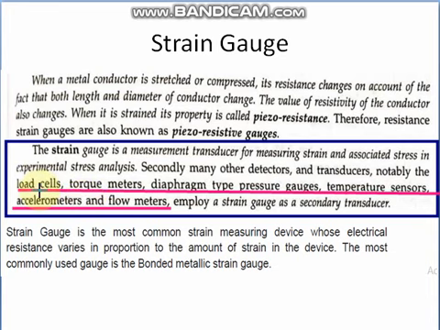Such as in a load cell, whenever a load is put on the measuring instrument, due to the load there is a strain in the upper surface, and due to that surface change, the mechanical displacement is changed, and then mechanical displacement changes the resistance.